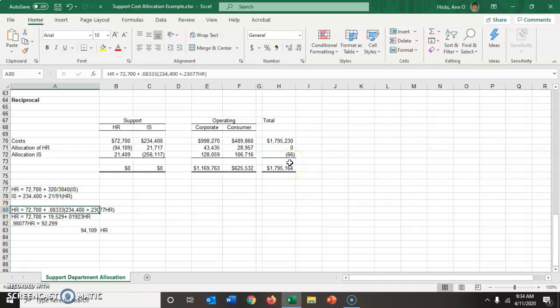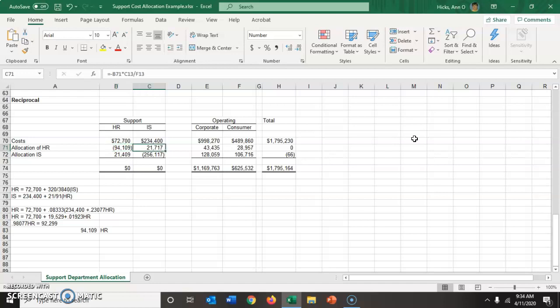So I have HR equals 72,700 plus 320 divided by 3,840 times the equation for information systems. Now I only have one variable and I can solve for HR and I get 94,109. That becomes the amount of costs that HR has incurred, inclusive of the costs they got from information systems.